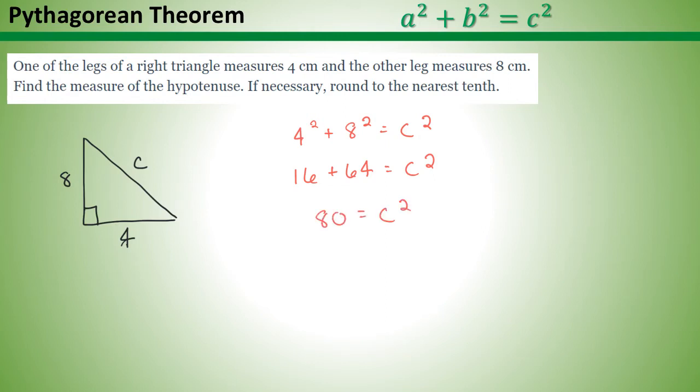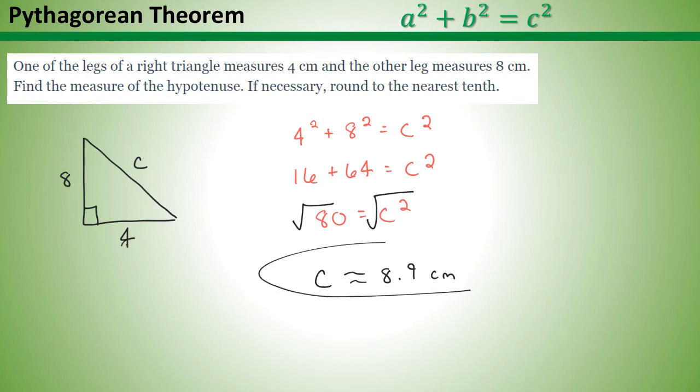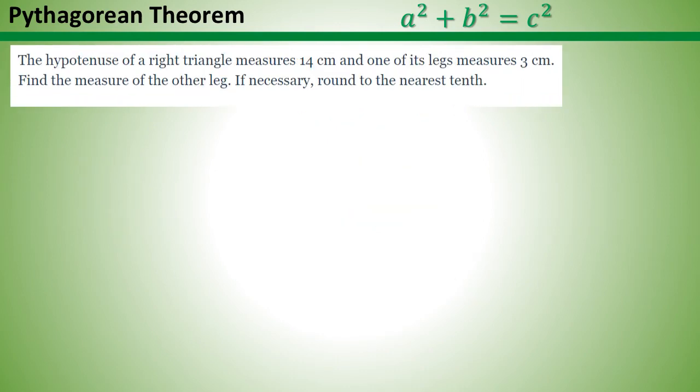So then take the square root of both sides. Okay, so we end up with C is approximately, the square root of 80 is going to be 8.9. And that's it.